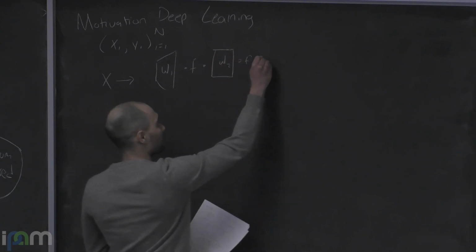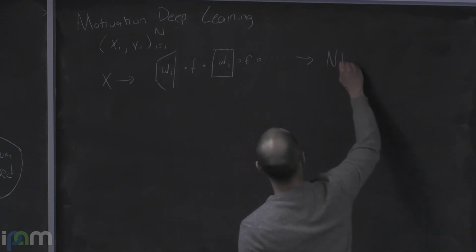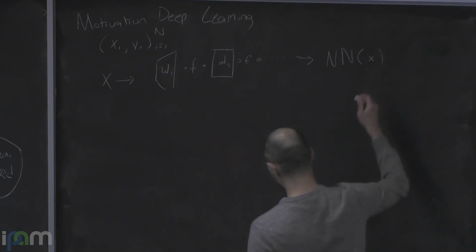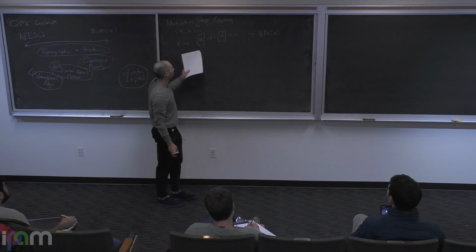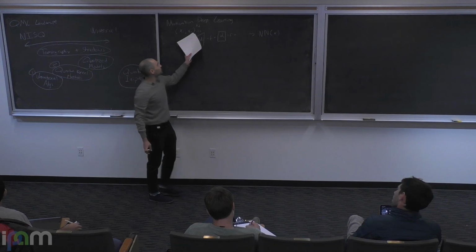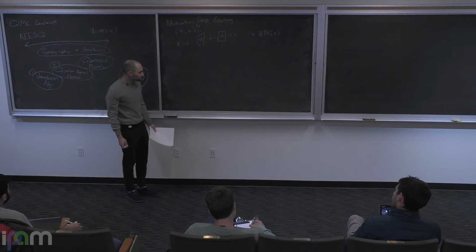Again, some non-linearity, and so on and so forth. And in the end, you get some output x. At least in the supervised setting, you compare it to y. You have probably all seen this.